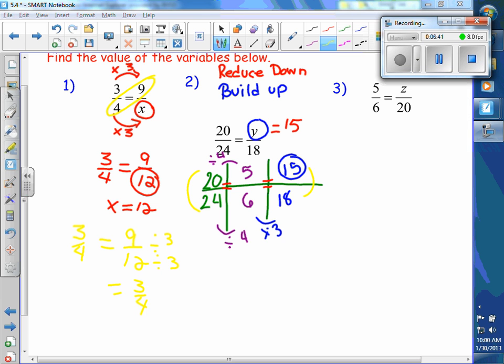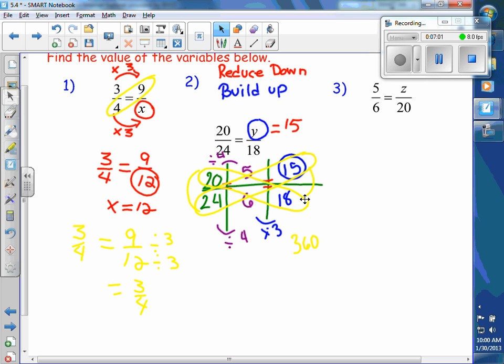That being said, you guys are in advanced math, and once you see the pattern works, you want to start using it. So that's what I was trying to get to. If I look here, 20 times 18 is 360. Right? 15 times 24 better be 360, because that's what the shortcut says.